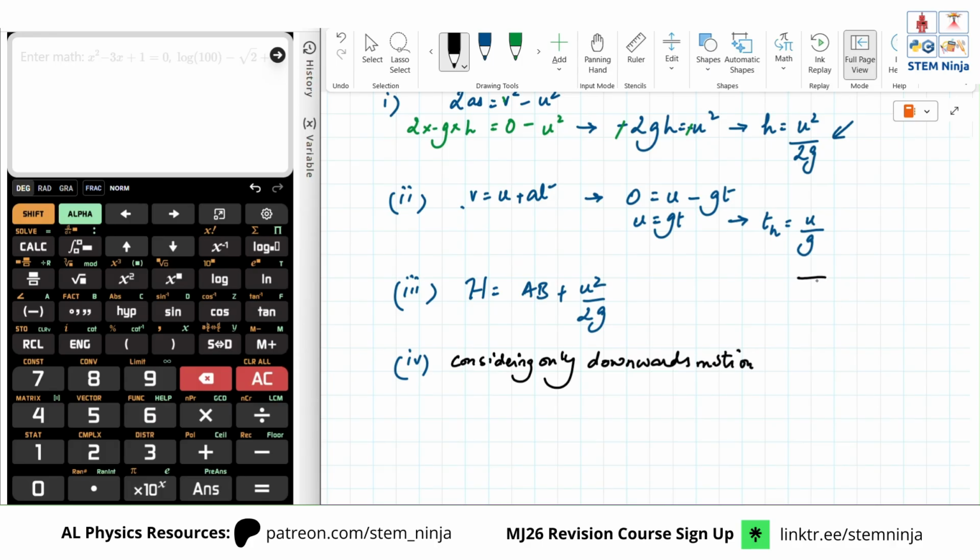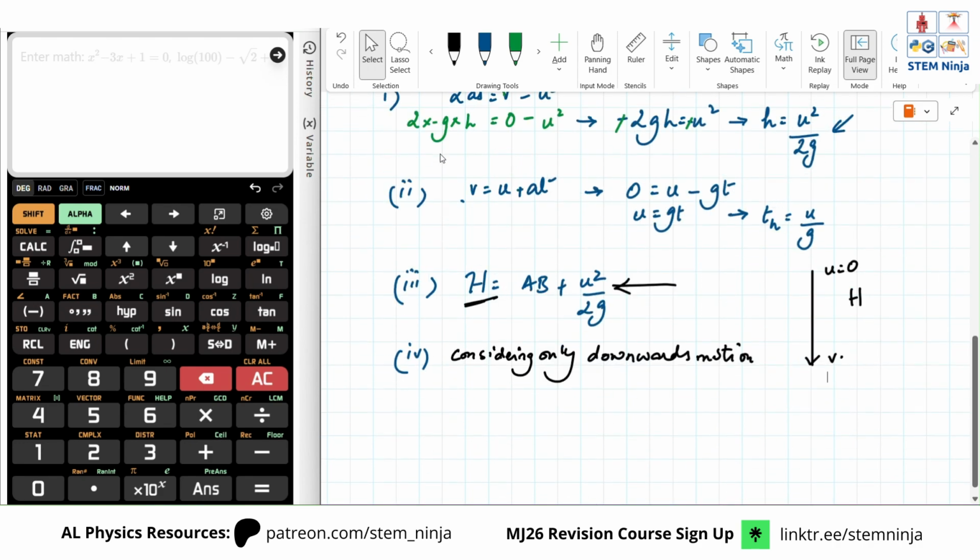Straight downwards motion. We know the height was capital H this time. We just need the expression for H, nothing else. We know the initial velocity was 0 over here. Final velocity is what we need to figure out.